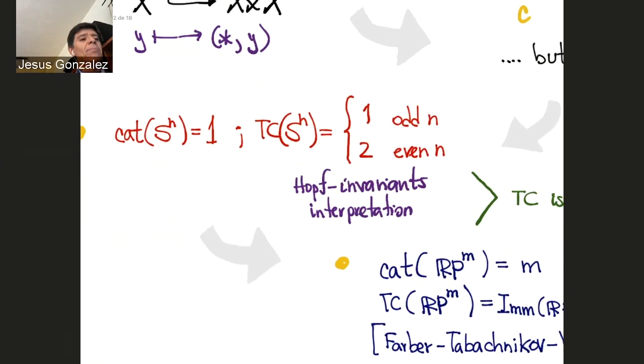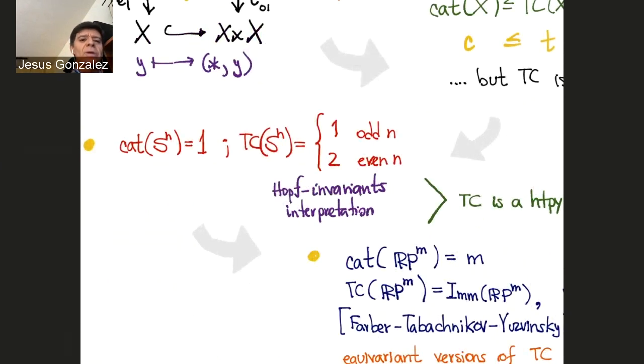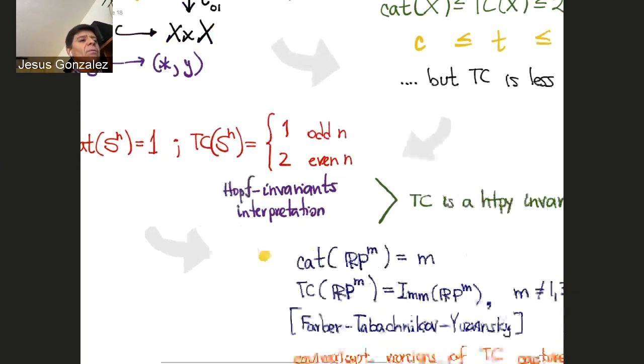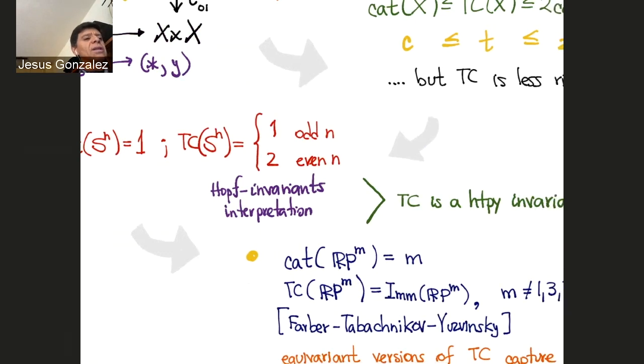And actually, proving this is not very difficult. It was already done by Michael at the beginning when he introduced these ideas. But understanding the homotopy nature of this fact has to do with understanding the relationship that certain generalized Hopf invariants have to topological complexity.